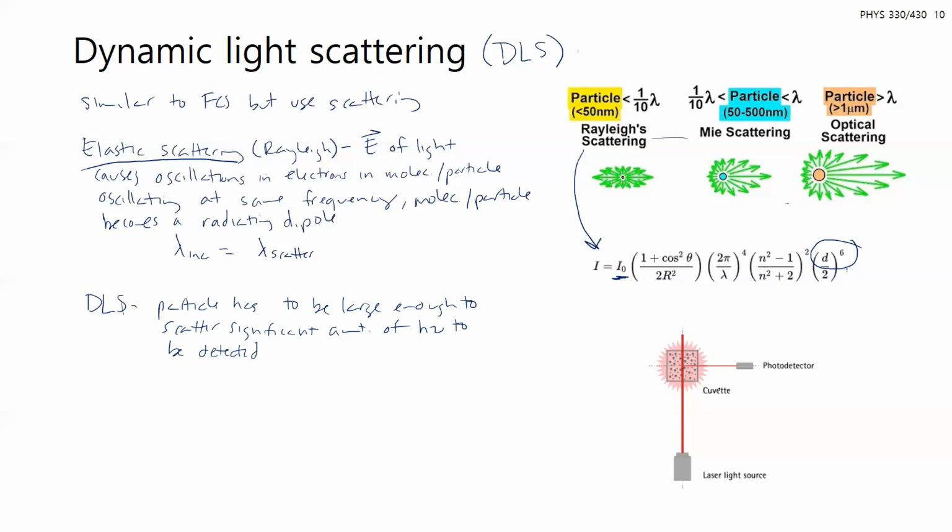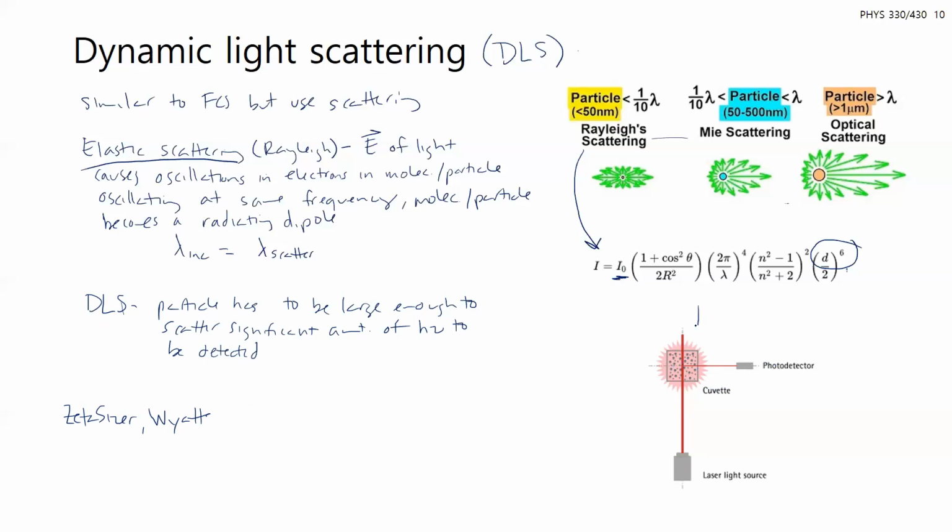With the setup of a DLS, these are typically more black box type instruments. You'll see Zetasizer or Wyatt are common vendors for those. DLS is taking account of the same fact of, okay, you have some laser light source.